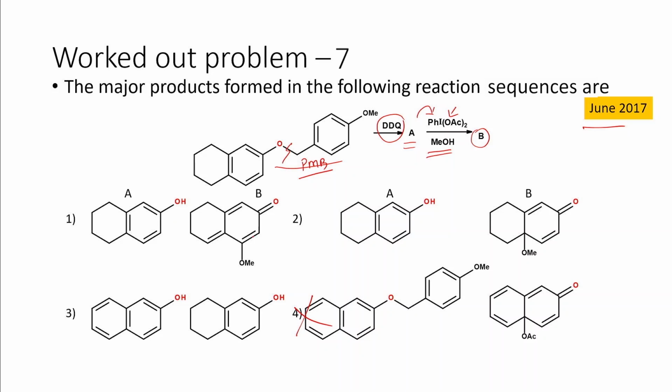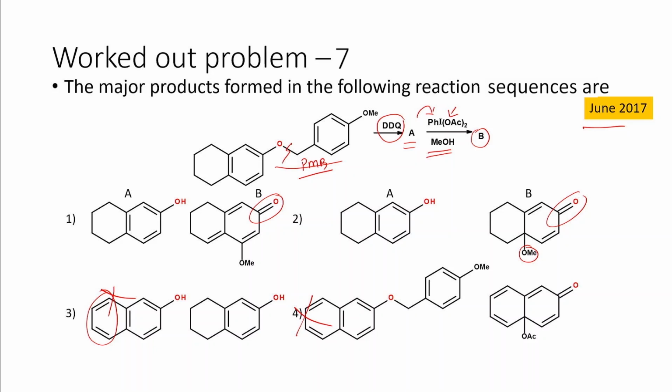If you look at the various options, in one case we have a carbonyl group formed, in another a carbonyl group with a methoxy present in the system, and in another case we don't have a conversion. In option 3, one of the cyclohexyl systems is converted into an aromatic system. This does not even happen, so we can rule out this one.